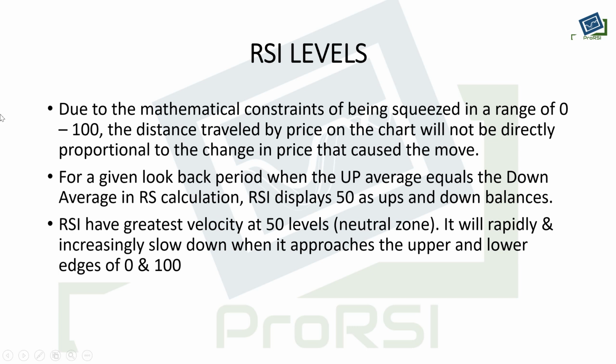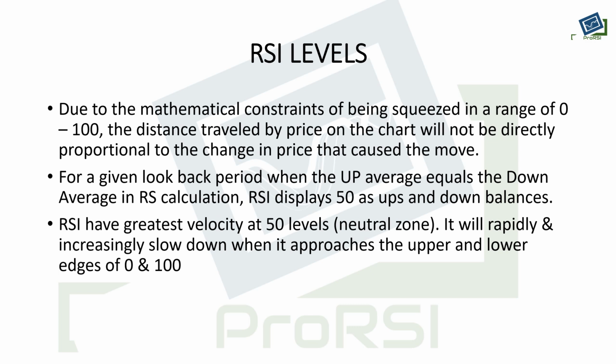For a given lookback period, when the up average equals the down average in the relative strength calculation, RSI displays 50, as up and down balance. If you have seen the RSI calculation, we calculate the relative strength, and when the average move of the up days in the last 14 periods is equal to the average move of the down days in the last 14 periods, we get a 50 reading on the RSI.